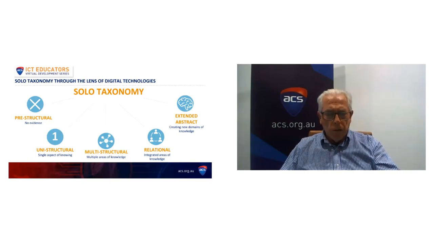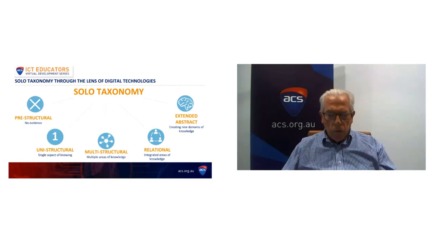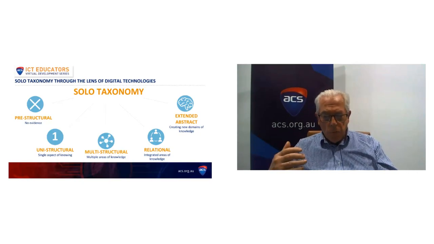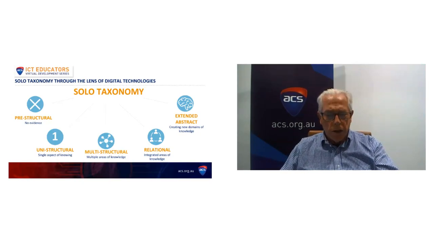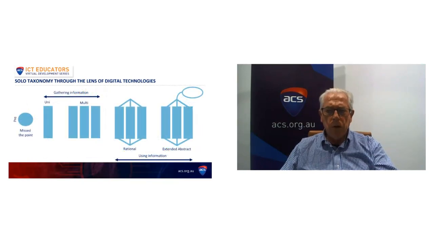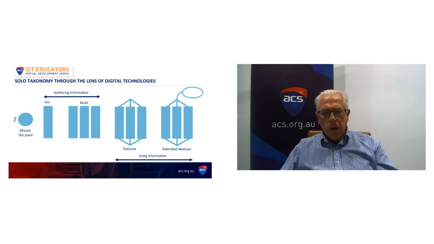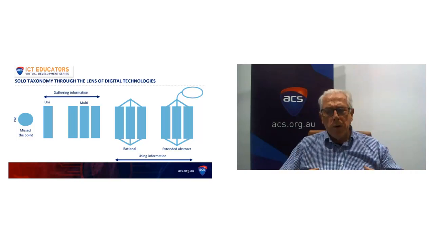Now, you mentioned the SOLO taxonomy a bit earlier, and I think it's really appropriate, because these days a lot of us have a familiarity with SOLO and have used it. In a lot of ways it's a lot more accessible, because it brings the level of complexity into the model, but it also delivers a form of explanation of how we build up complexity and understanding with our students.